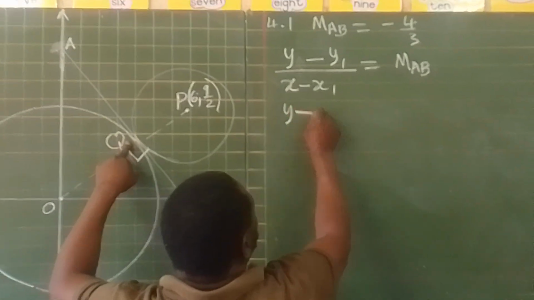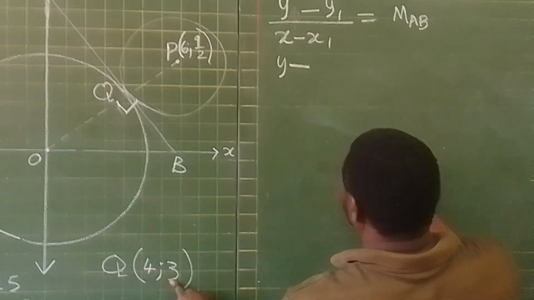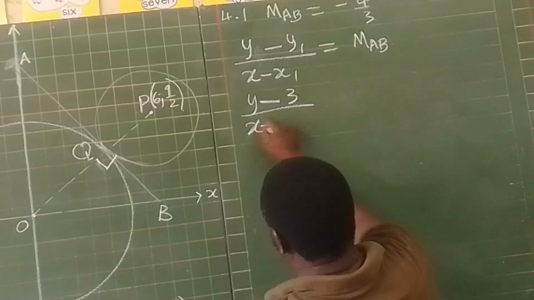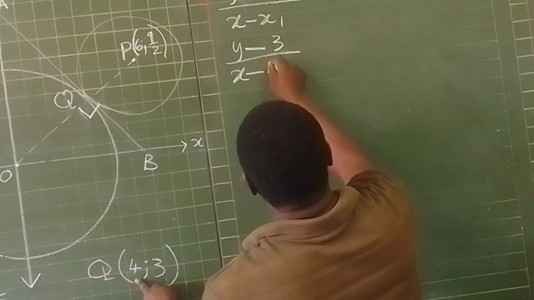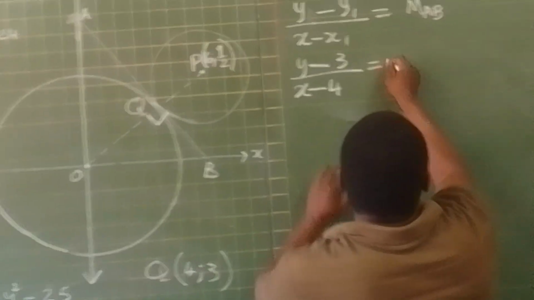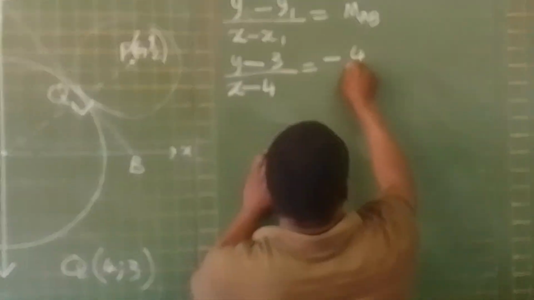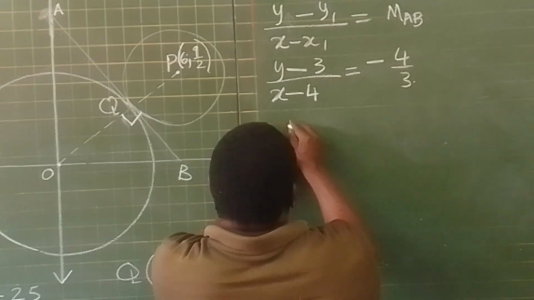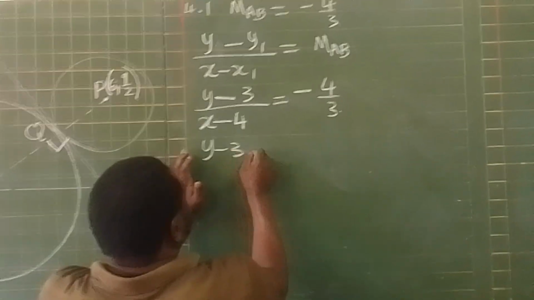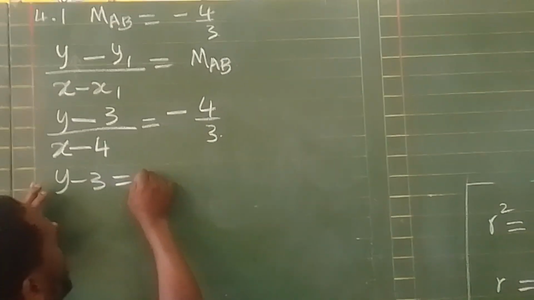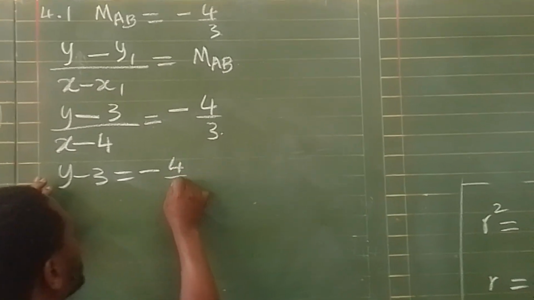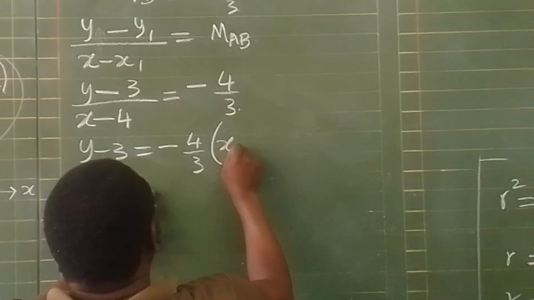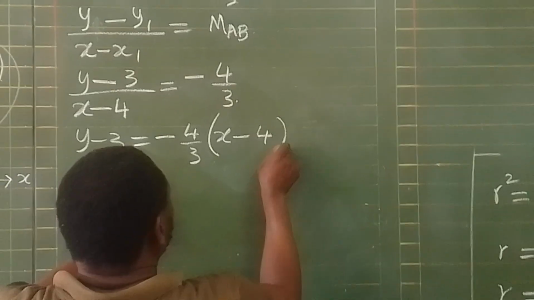So y minus y1 over x minus x1 is equals to minus 4 over 3. Right, let's cross multiply that side. Y minus 3 is equals to minus 4 over 3 multiplied by x minus 4.